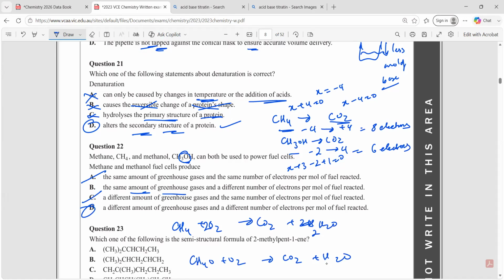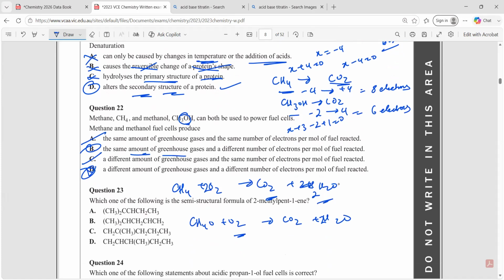Oh, maybe it changes the oxygen. Oh, there's actually the same amount. There's one carbon dioxide and two water. Sorry. If you can see in the balanced equations, there's only one carbon dioxide and two water molecules being produced each time. It's pretty interesting.